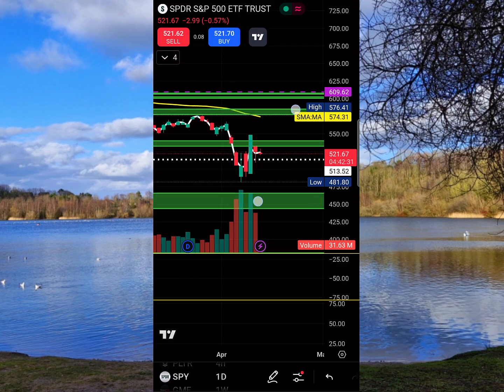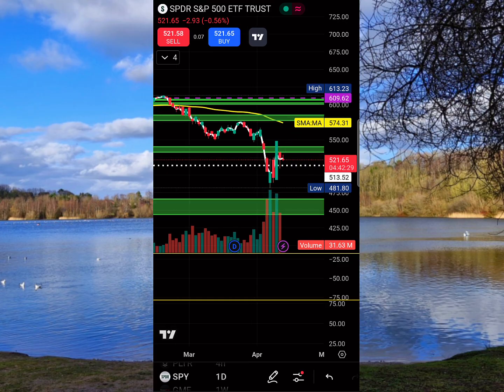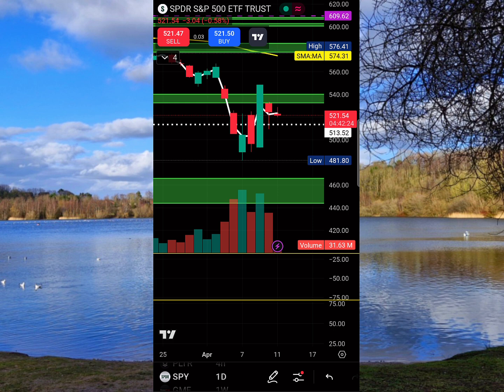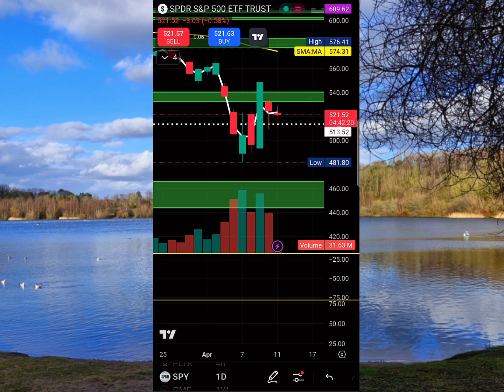Nobody really knows what's going to be the outcome of all of this. So it's been a relief rally, but obviously now it's still trending back down. So it's red candles on the day.